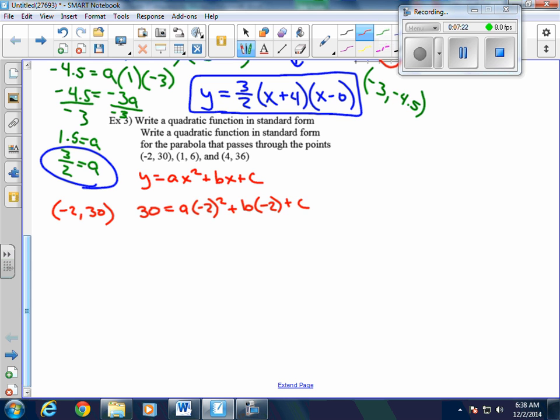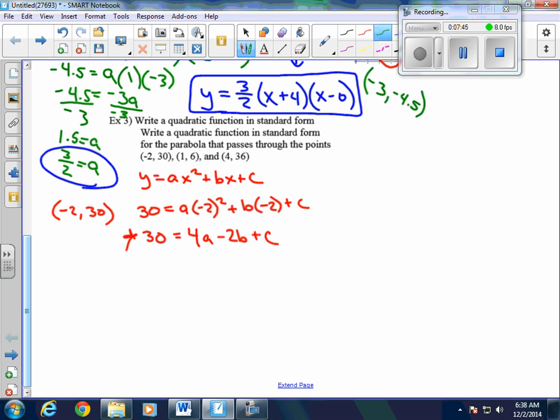And so if we end up simplifying this one, we get 4a minus 2b plus c. So here is our first equation. Next, we're going to use the ordered pair 1, 6.